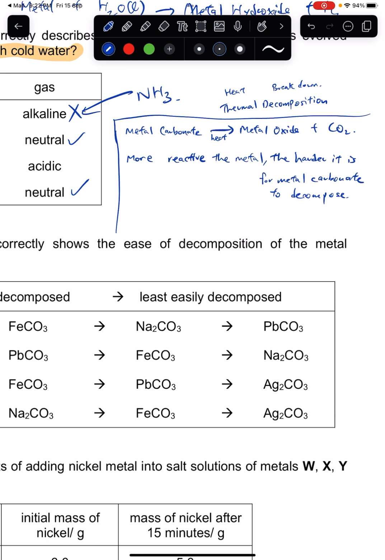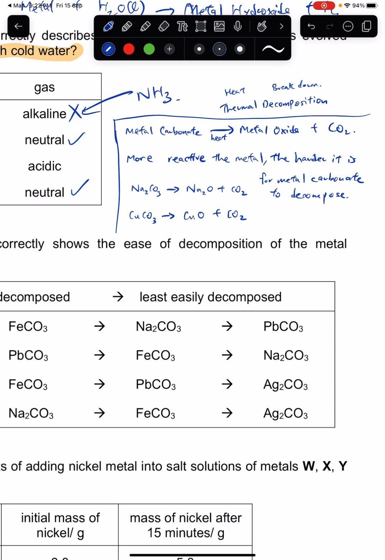So I write equations for you. Two examples. I choose something very reactive, for example Na2CO3. I heat, I get Na2O plus CO2, versus something less reactive, copper carbonate. I get copper oxide plus CO2.